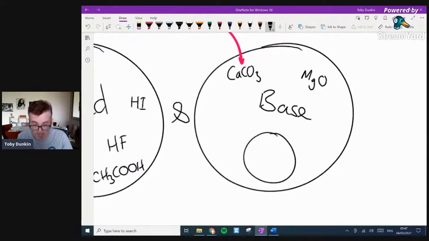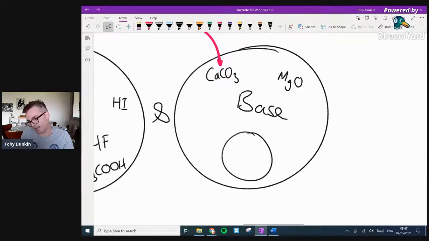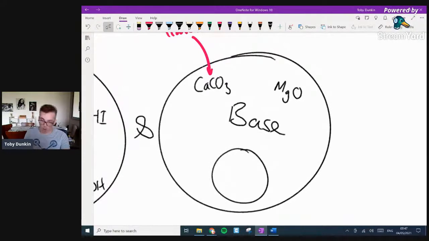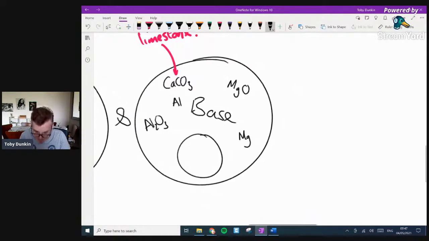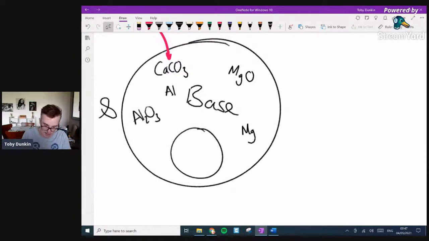What else? Aluminium hydroxide. That's not soluble. Metals, magnesium, aluminium metal, Al. So we've got bases, and then we've got this extra little family called alkalis.